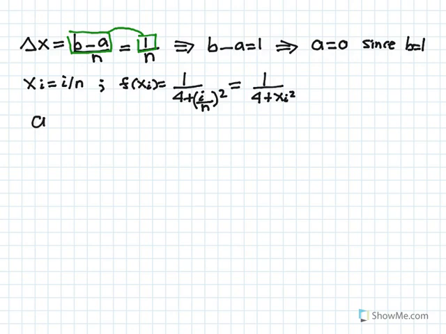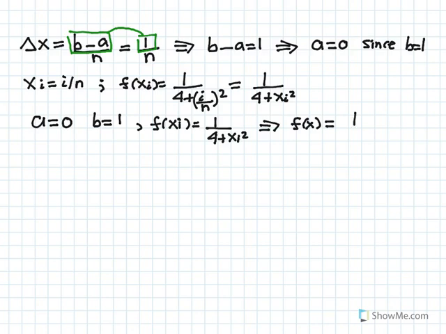We have a, the lower limit, to be 0. b was found to be 1. f of xi, the functional values, is 1 over 4 plus xi squared. And that implies that the function f of x that we're going to use for the definite integral is 1 over 4 plus x squared.